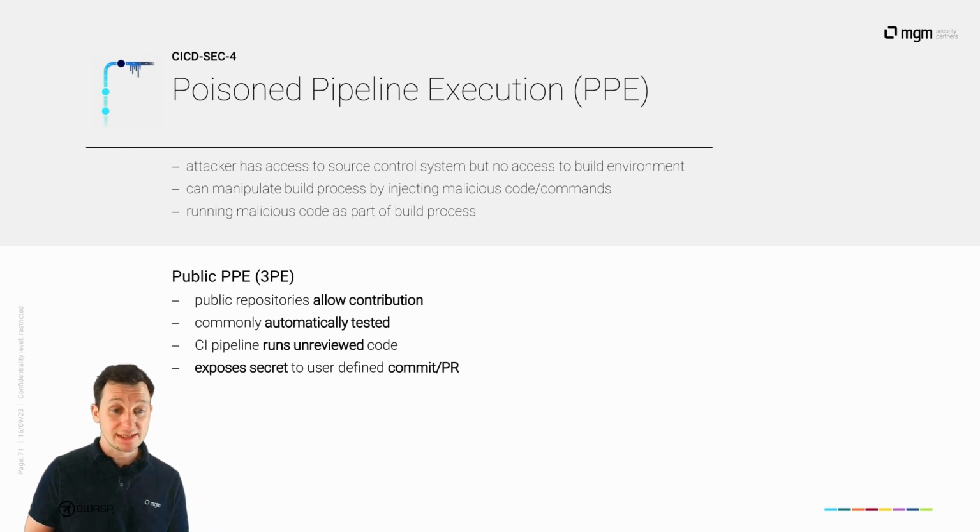And this means that in most public repositories, CI pipelines run unreviewed code and in the worst case expose secrets to users just by creating commits or pull requests.